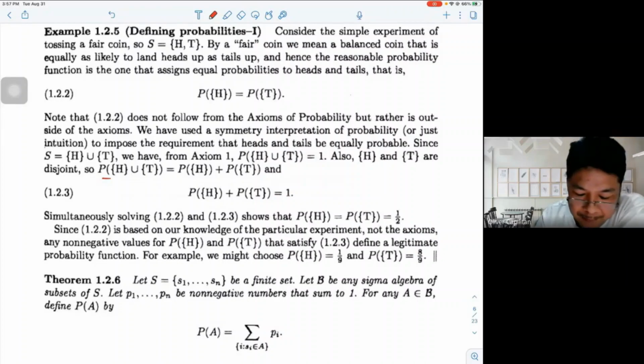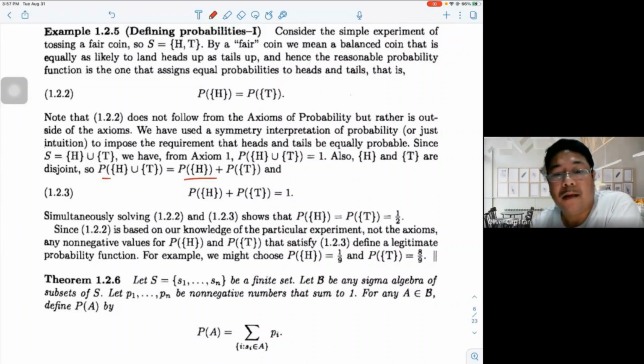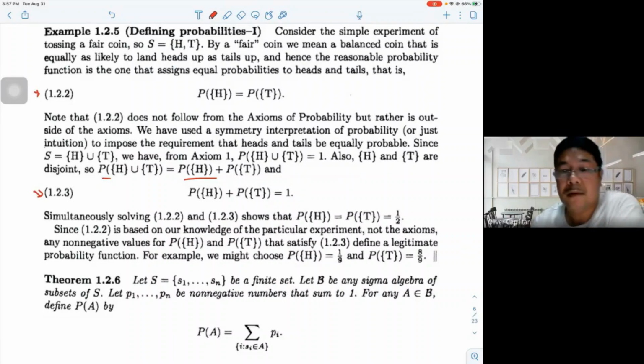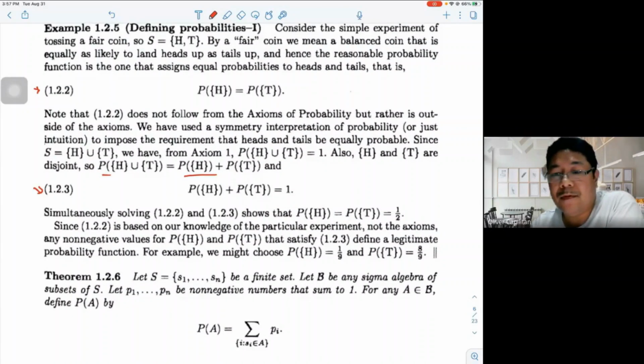So we have the implication that the probability of the event containing H plus the probability of the event containing T will be equal to 1. Considering these two equalities, we can show that the probability of the event containing H is equal to the probability of the event containing T, which is equal to 1/2.